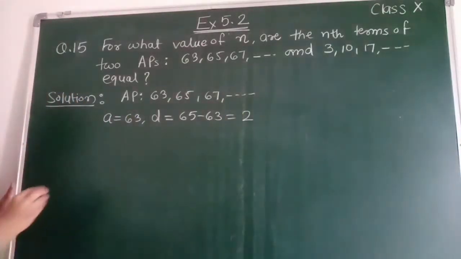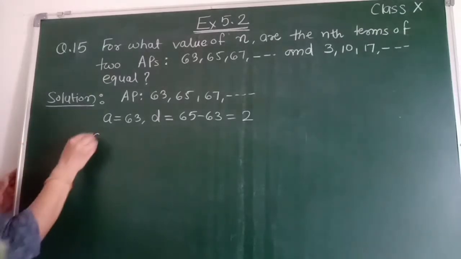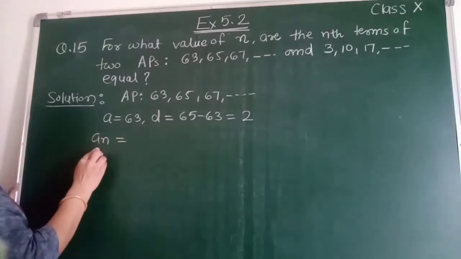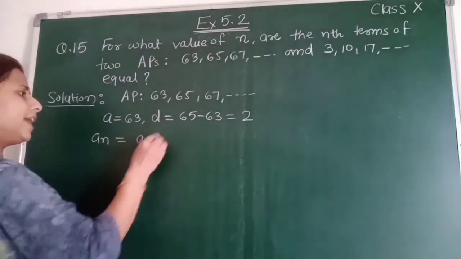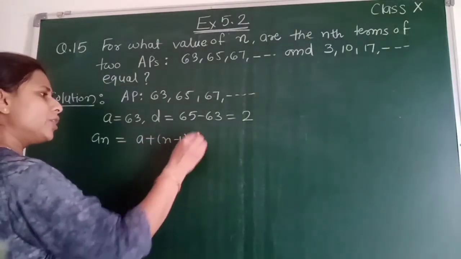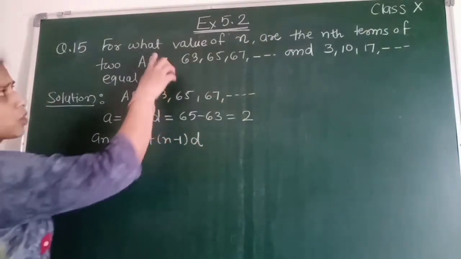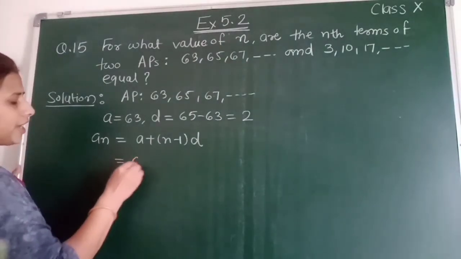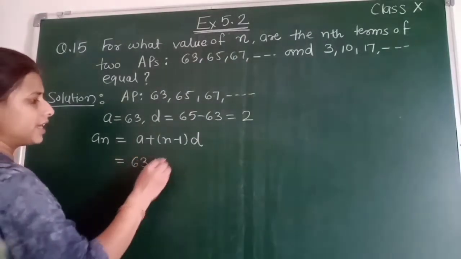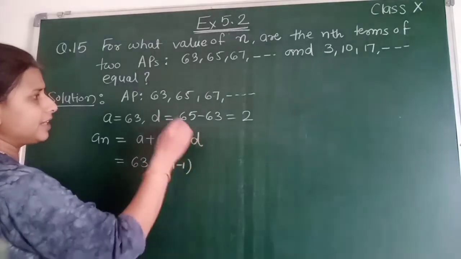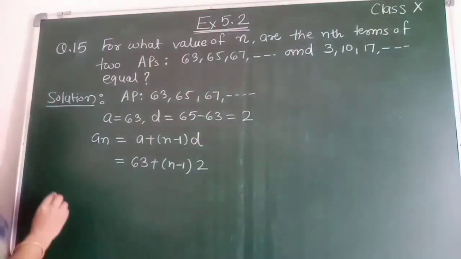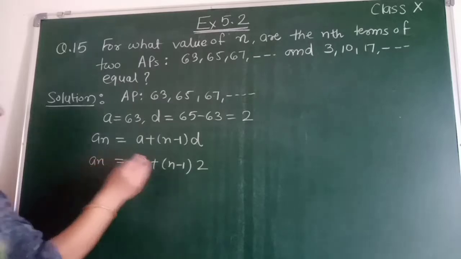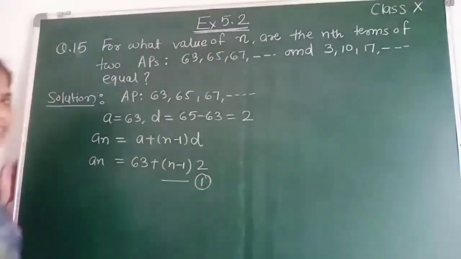Then we will find the nth term with the same formula: an equals a plus n minus 1 into d. n is unknown here because we have to find it. The value of a is 63 and the value of d is 2. Okay, student, this one is your first equation.